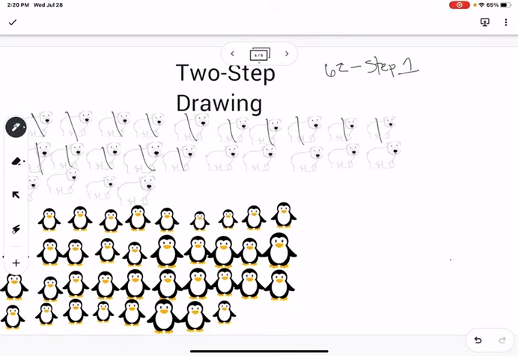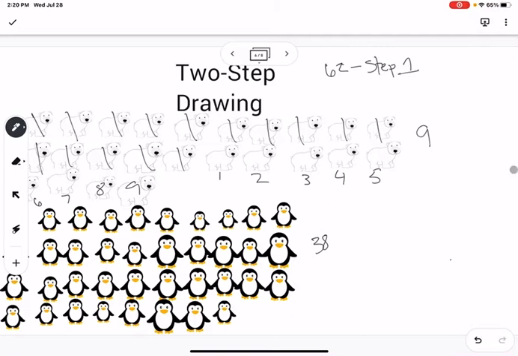We're trying to utilize our picture as much as we can to help us visualize our answer. So that leaves us with 1, 2, 3, 4, 5, 6, 7, 8, 9 polar bears. So we have 9 polar bears left. No penguins left, so we still have our 38 penguins.